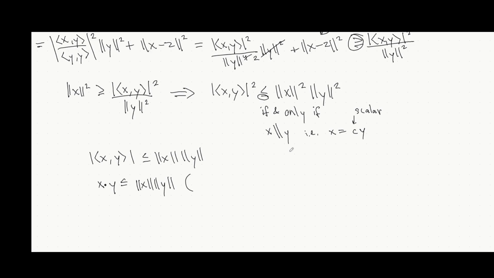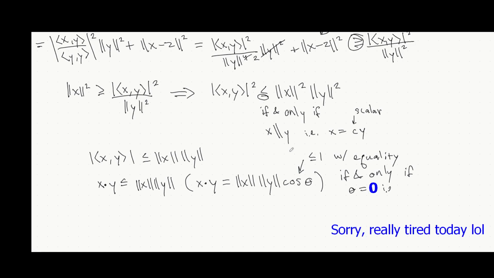Well, that's because x dot y is the product of the norms times the cosine of the angle between them, and cosine of theta is less than or equal to 1 with equality if and only if theta equals 0, or in other words, the vectors are in the same direction. x is parallel to y.